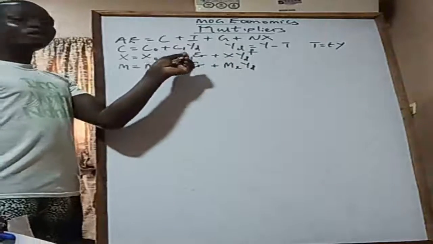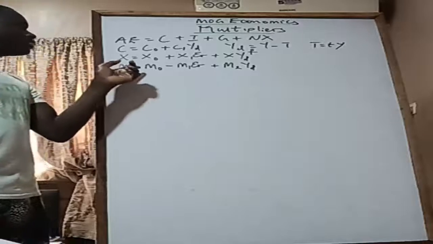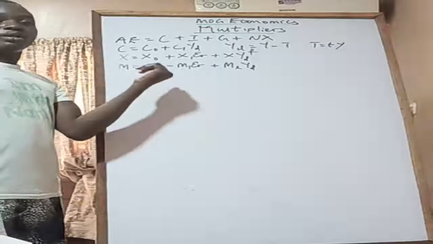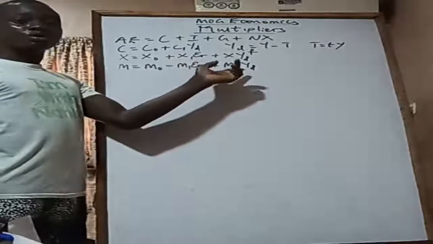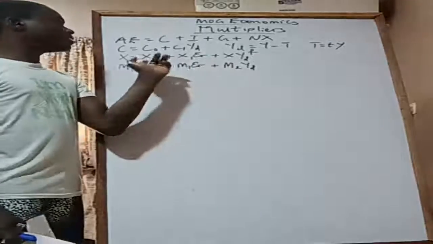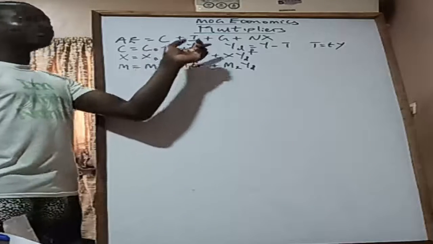Then exchange rates, I'll come back to this. Now for imports, M0 is the baseline import level, that is, import that is not as a result of exchange rates and domestic income. And X0 is like a baseline export, that is, export that is not as a result of exchange rate and foreign income.